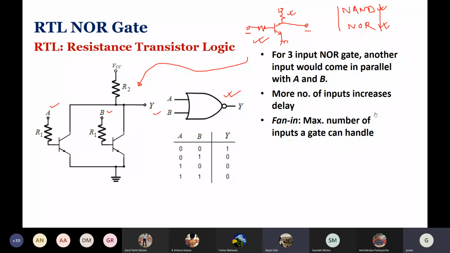Only when both of the transistors are off. Just wait, I'll pick up a name. Kari Lokesh, are you there? Can you explain why it is a NOR gate? If A or B is high, V out is 0.